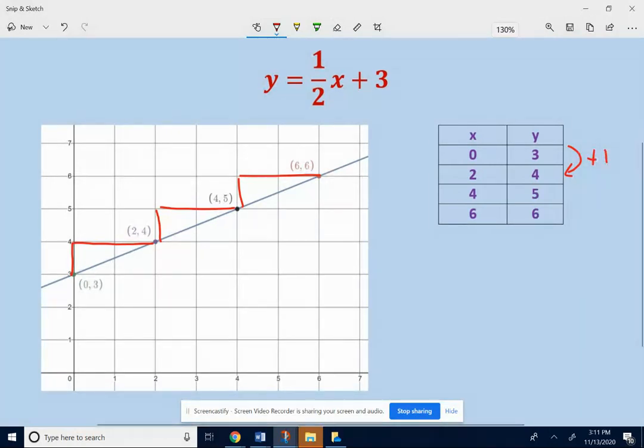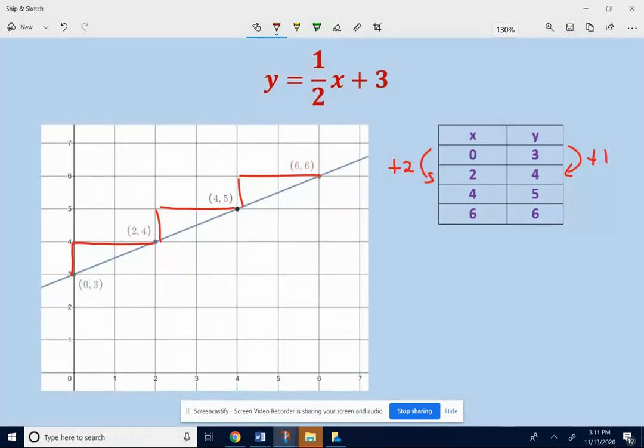And then our run, if you notice the x-coordinates of your points, we have a 0 and a 2. Our run took us from x equals 0 to x equals 2. Look at the data table here, y'all. 0 to 2, we increased by 2.